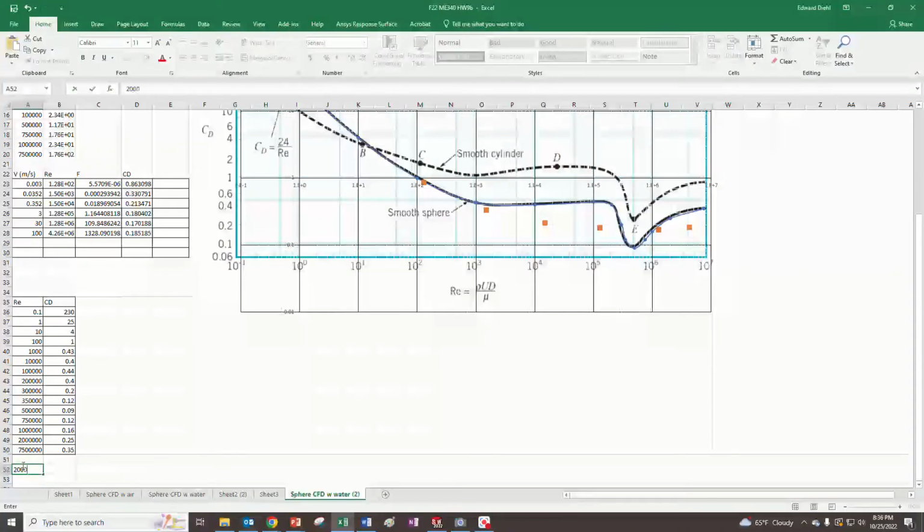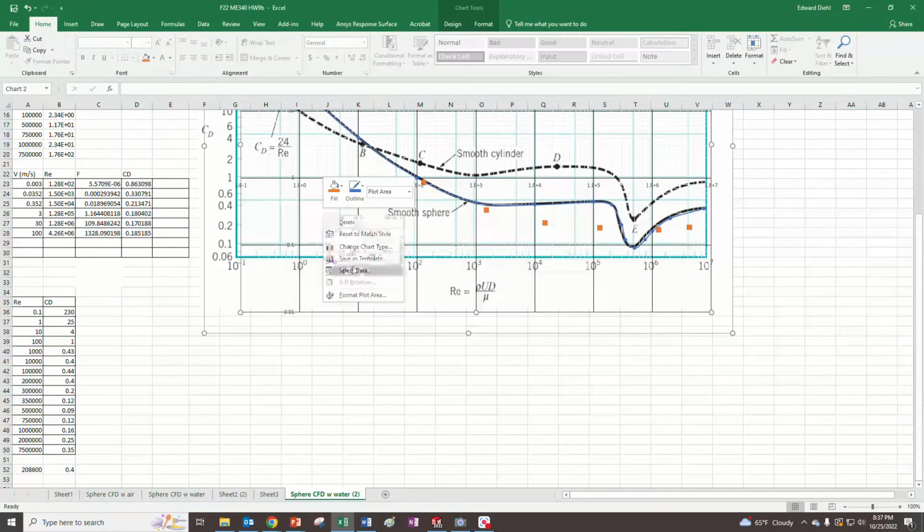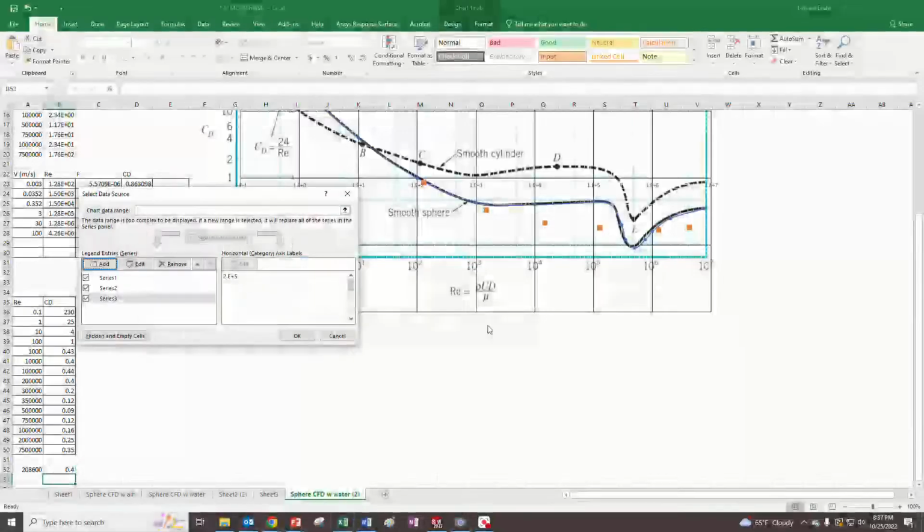So let me see if I can add a spot onto here. What did I say, 208,600. Let me plot that on there. My guesstimate is 0.4. Let's see how good of a job I did by adding that spot onto here.